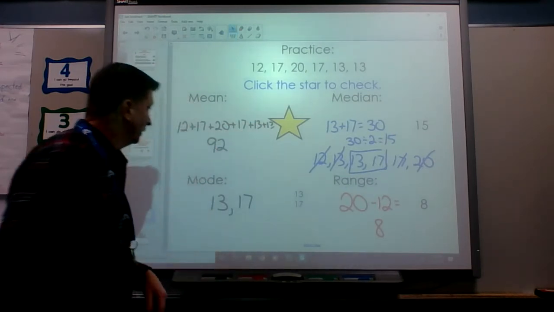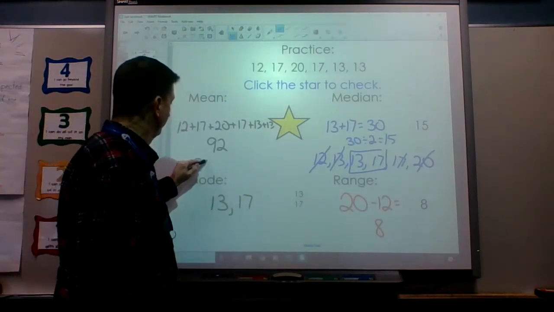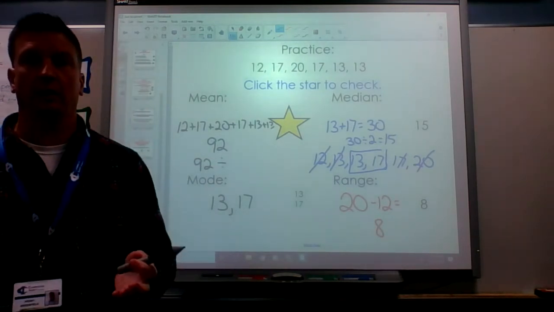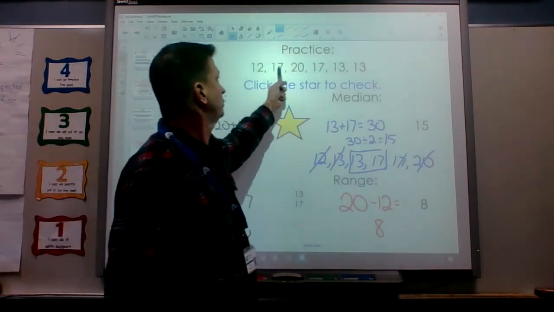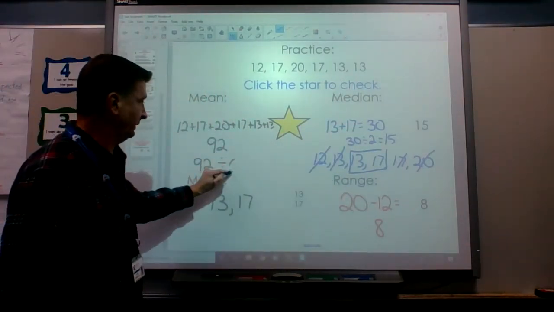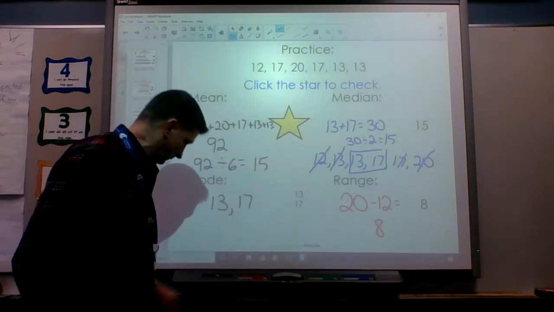Okay? So now I'm going to take my total and divide it by the number in the set of data. I have 1, 2, 3, 4, 5, 6 numbers in my data set, so I'm going to divide by 6. And that's going to get me 15.